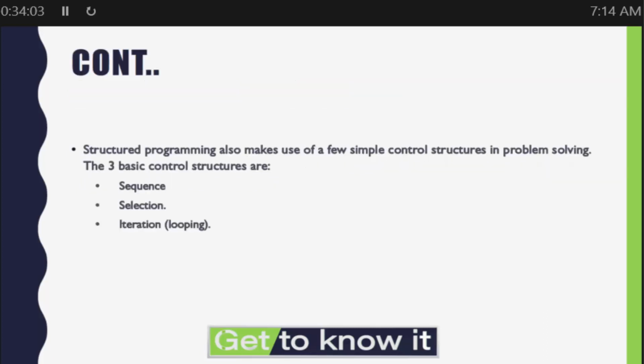Structured programming also makes use of a few simple control structures in problem solving. The very basic control structures include sequence, selection, iteration, or looping. We'll be discussing all these control structures in detail as the lesson advances.